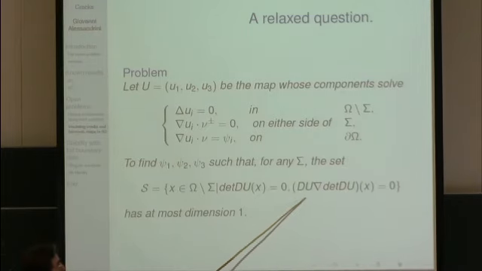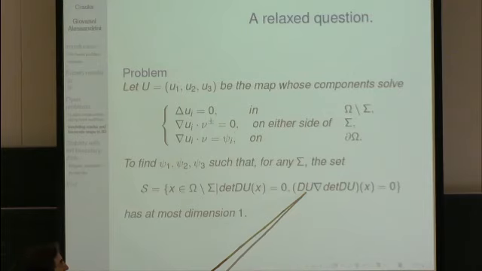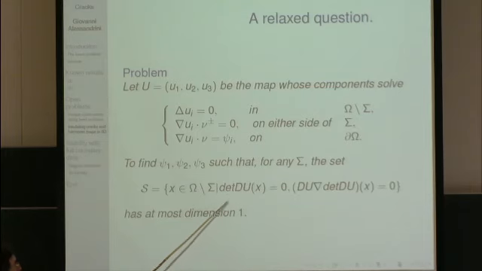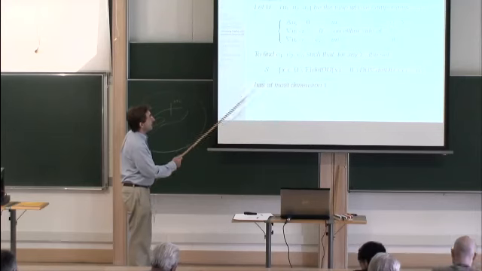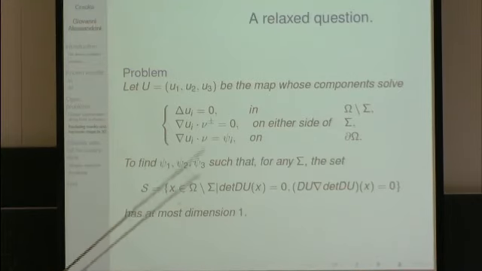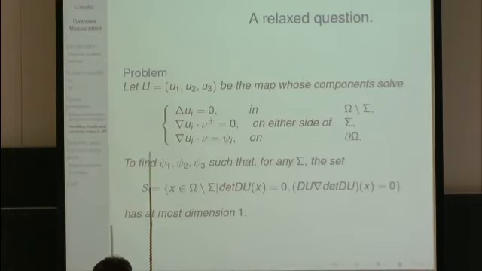So what we want is that the normal derivative of at least one component of this mapping is 0 on such a surface only on a small set. If this occurs, then we have uniqueness. So the challenge here is to understand these objects in terms of the boundary data. So this is the problem, and I leave it to the audience.